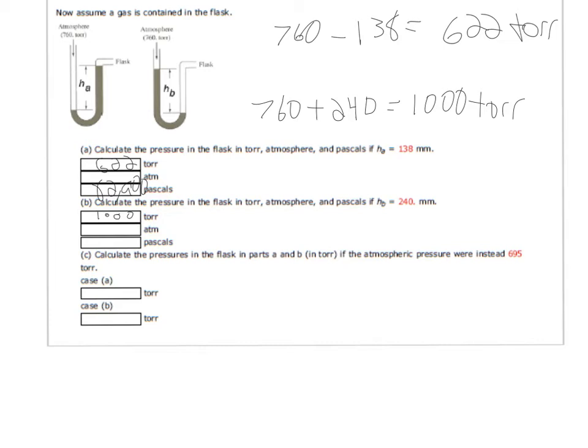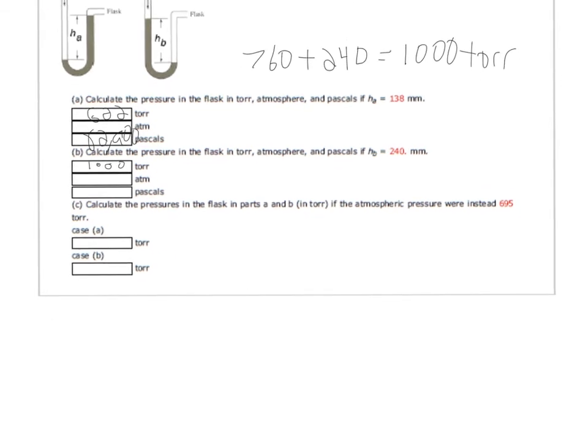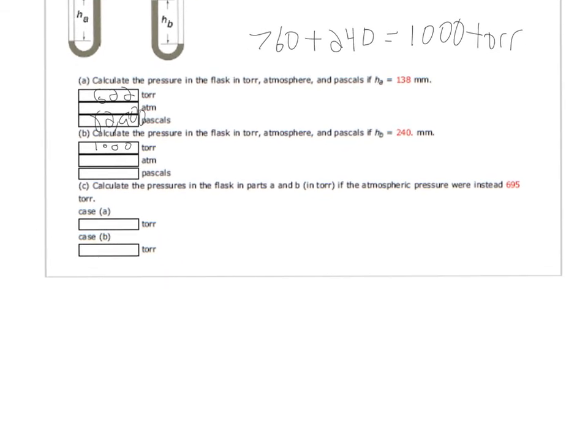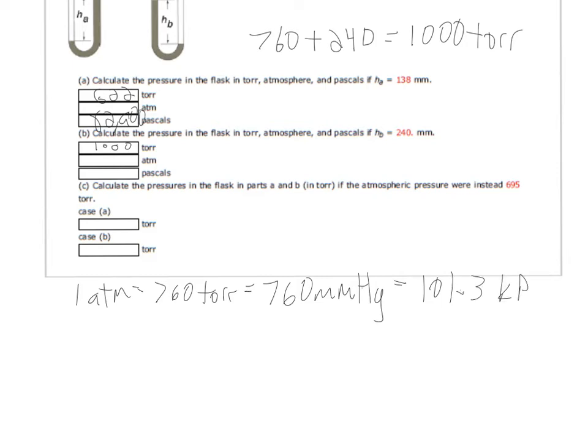Then, just like in part A, they want us to convert that into both atmospheres and pascals. So that's just some unit conversions. And so long as we remember that 1 atmosphere equals 760 torr, which is 760 millimeters of mercury, and that all is equal to 101.3 kilopascals, then we can make any conversion happen.